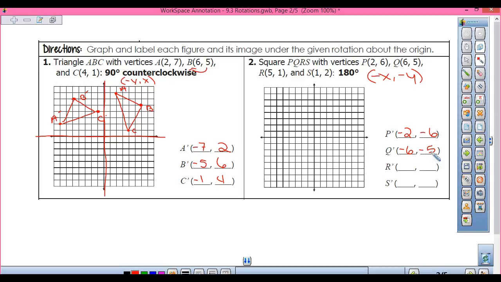They just become negative. R prime is negative 5, negative 1. S prime is negative 1, negative... It would turn to a positive. Yep. So if one's negative, it just changes it to a positive. Are we good with graphing that? Or do you want me to graph that? No, we're good.